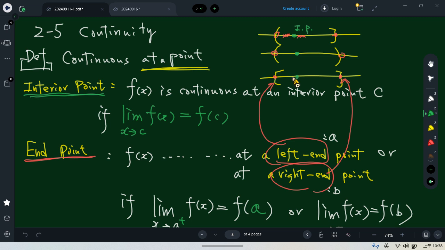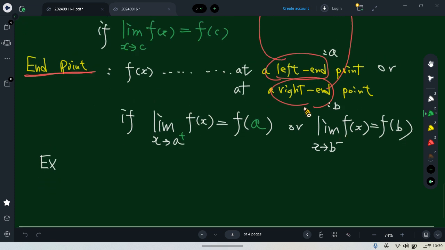So if we say this is the left end point and it's continuous, we need to make sure that when the points at its right hand side approach C, the limit value is the same as the function value for this point. Similarly, for the right end point, you only need to pay attention to the points at its left hand side. We need to make sure the limit for its left hand side points is the same as its function value.